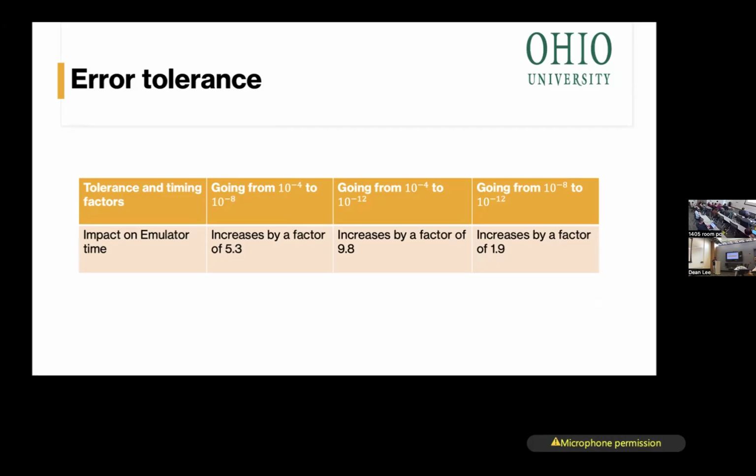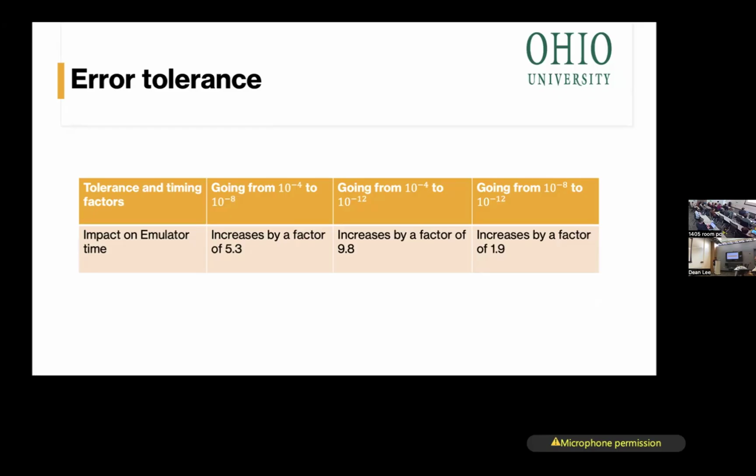So it costs more time, and sometimes it's not going linearly. I haven't found the pattern here, and again these are preliminary results, so maybe we can do more exploration on this.